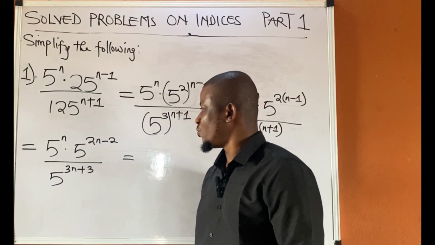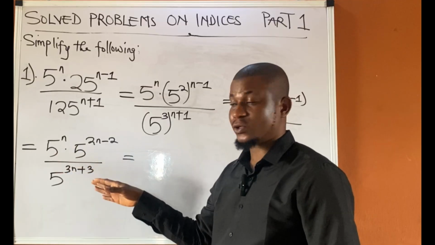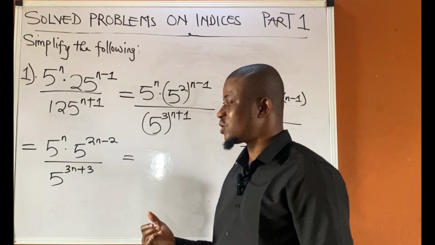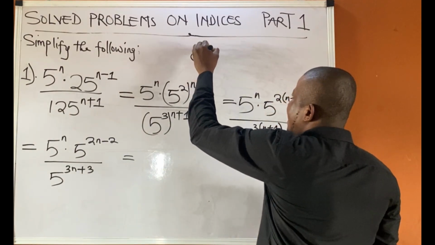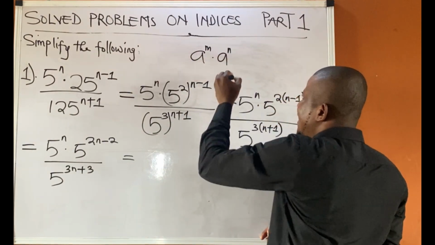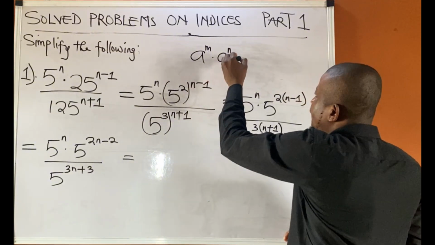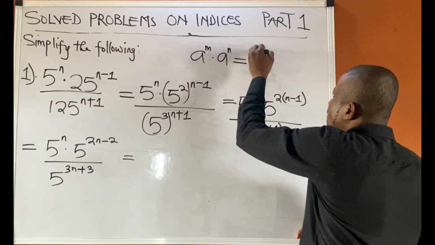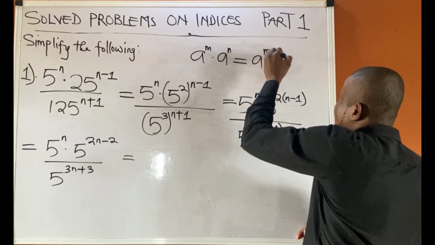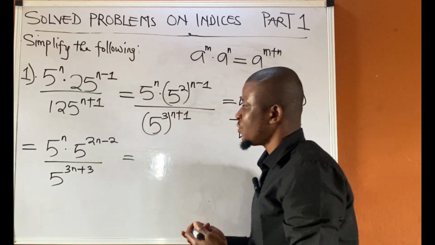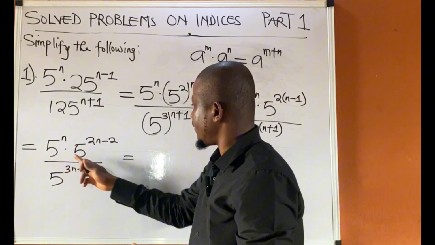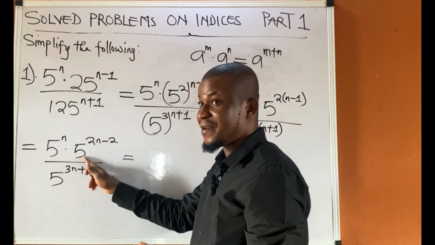The next thing we need to do is to simplify the numerator. In the laws of indices, we have that a to power m times a to power n, the multiplication law of indices, is equal to a to power m plus n. When the bases are the same and you're multiplying, you add the powers. So this 5 is the same as this 5, they have the same base.